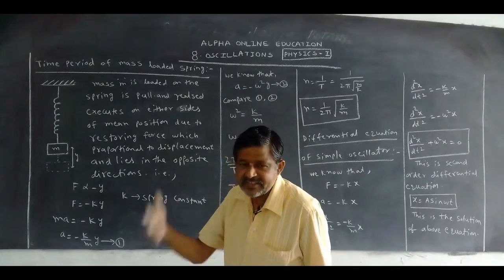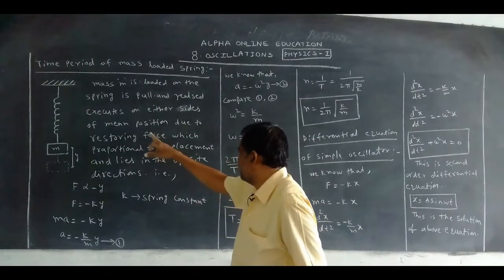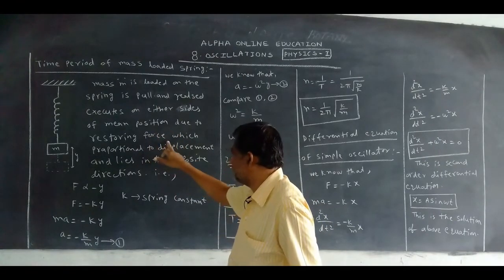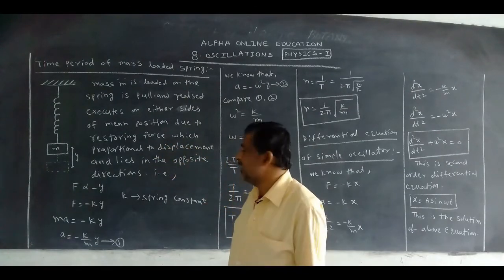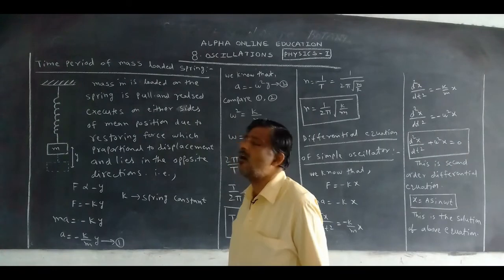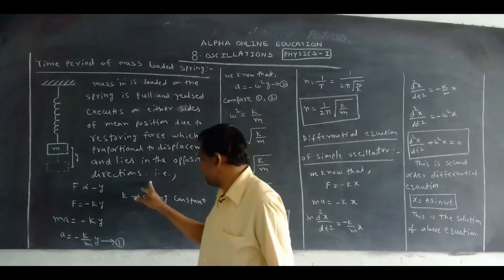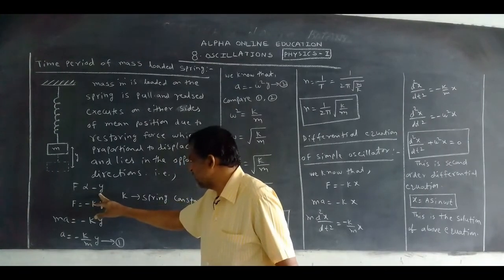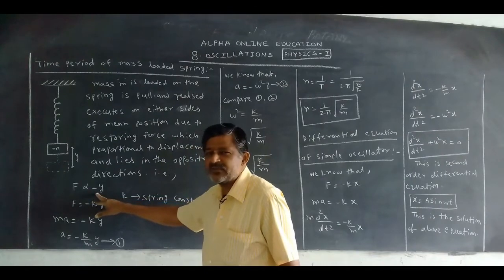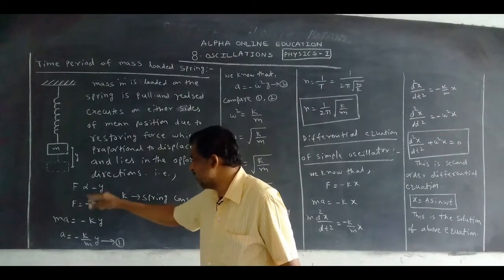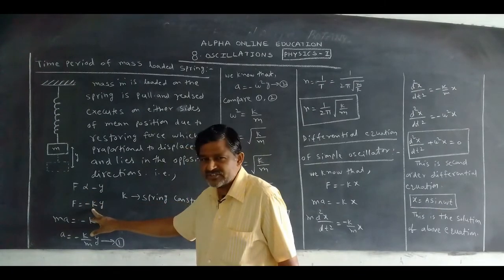Why does it execute oscillations on either sides of mean position? Due to restoring force which is proportional to displacement and lies in the opposite direction. How we can express that? That is, F proportional to minus y, where displacement is y, opposite direction, so minus. Remove the proportional, we will get one constant.